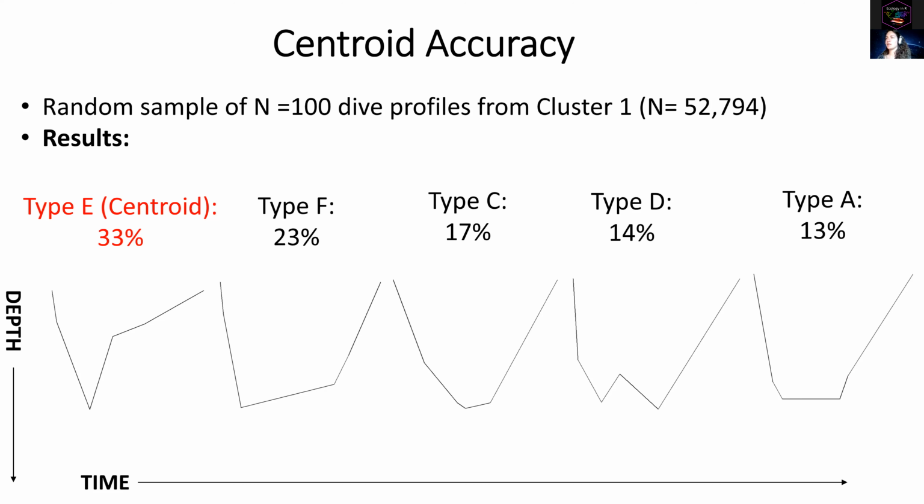Then followed by type C, which is also pelagic foraging and feeding. The other types identified were type D and A, which have more of a plateau on the bottom and are more for benthic searching and feeding. So it's interesting, and it does follow what I expected to see.